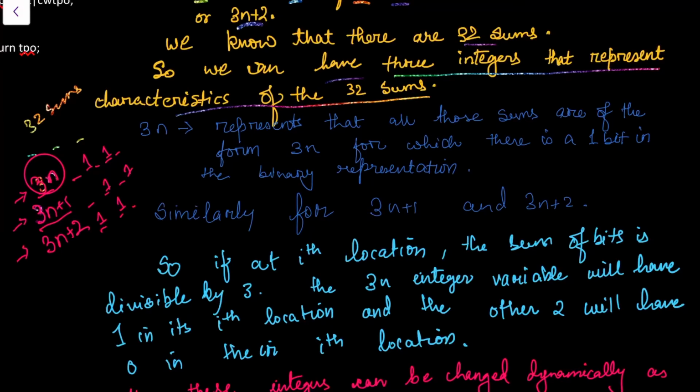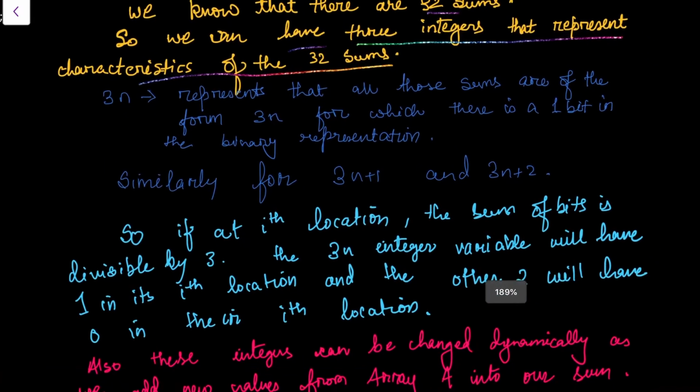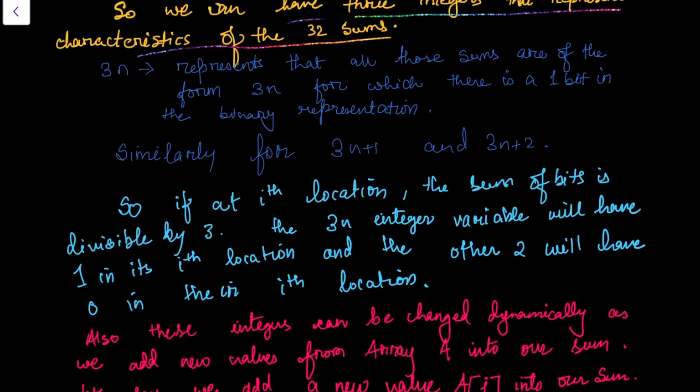Let us quickly go through the things. I'm going a little bit slow in this question and explaining everything because it requires a lot of thinking, and I feel that you should also pause in between and try to grasp all the concepts that I'm explaining one by one.